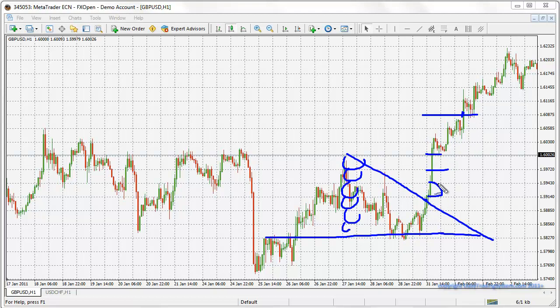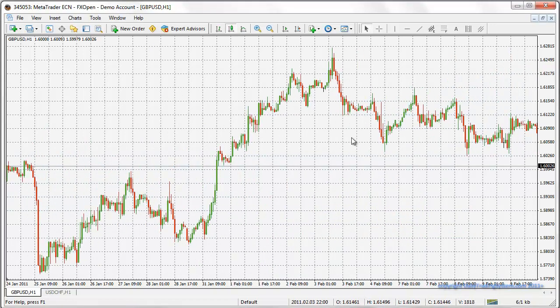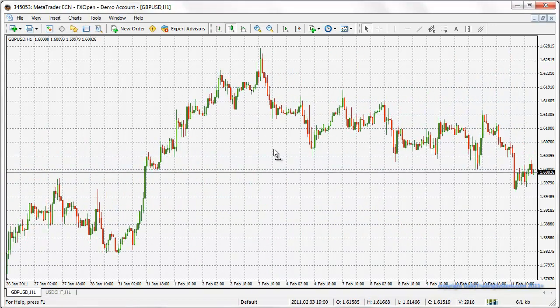That's in around about 12 hours or so. And that was the declining wedge right there. So there you have it, really. Not really much to it.